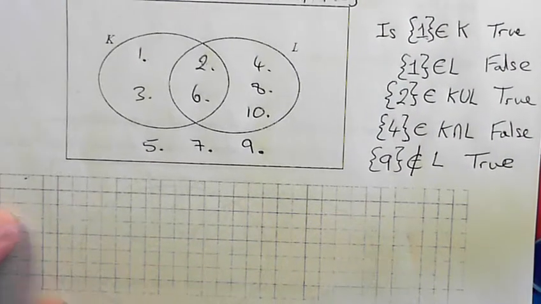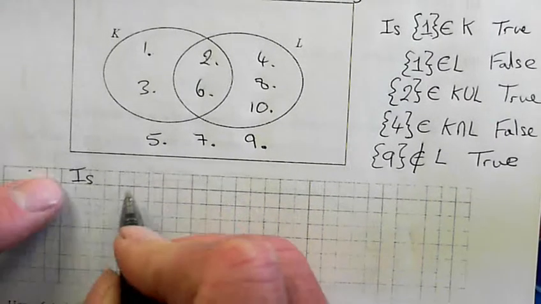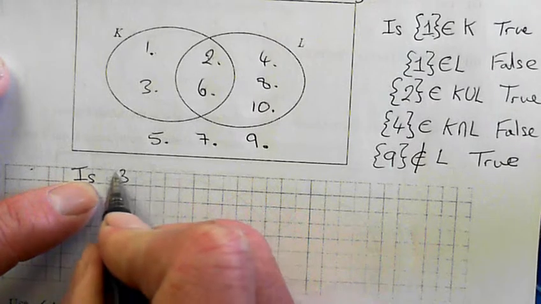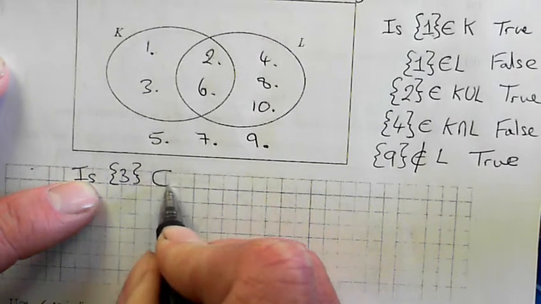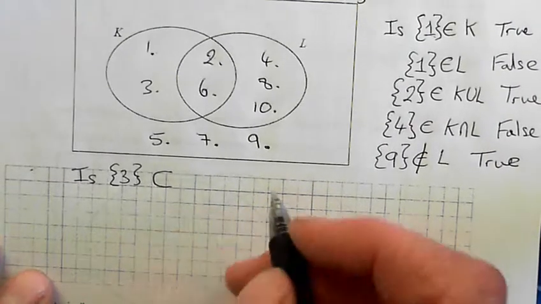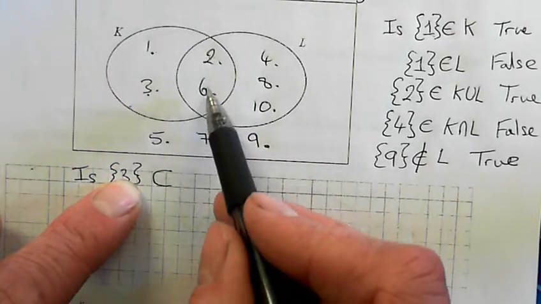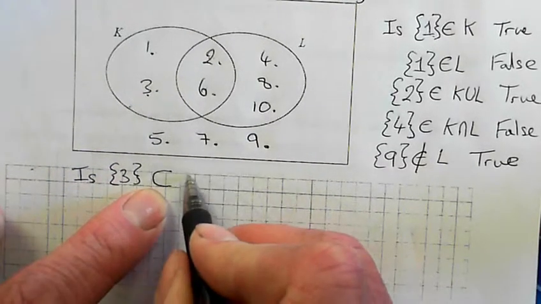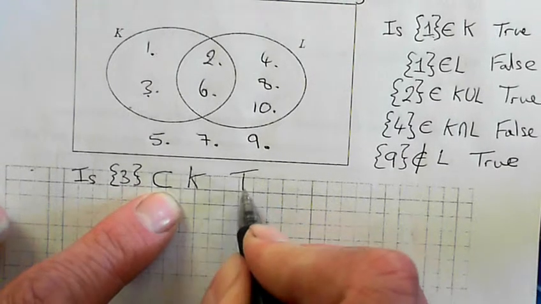Now, contained in. Is the element 3 contained in? That means, is it inside? You are contained in this room. Is the element 3 contained in the set K? True. Is it inside K? Yeah. Contained inside?